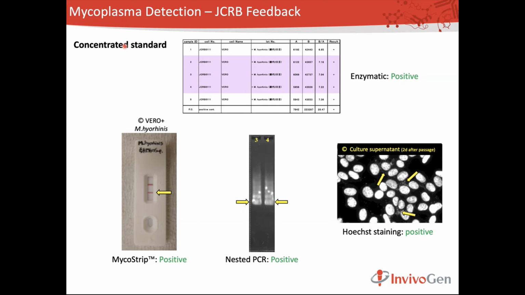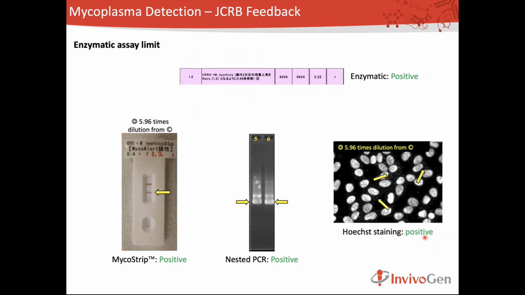All right, so first they looked at the concentrated standard. The enzymatic assay is positive. MycoStrip, positive. That's PCR positive, and Hoechst staining is also positive. Of course, it's a very concentrated sample, so we'd be very surprised if one of these methods could not detect it.